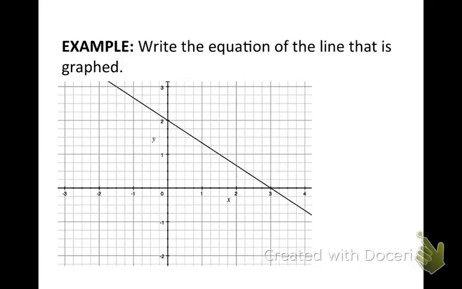Okay, you don't have to put this in your notes. What would be the y-intercept? 2. What's the slope? 2 points. Yeah, positive or negative? Negative. Negative 2/3 x. Good. Okay, so we would have negative 2/3 x plus 2.